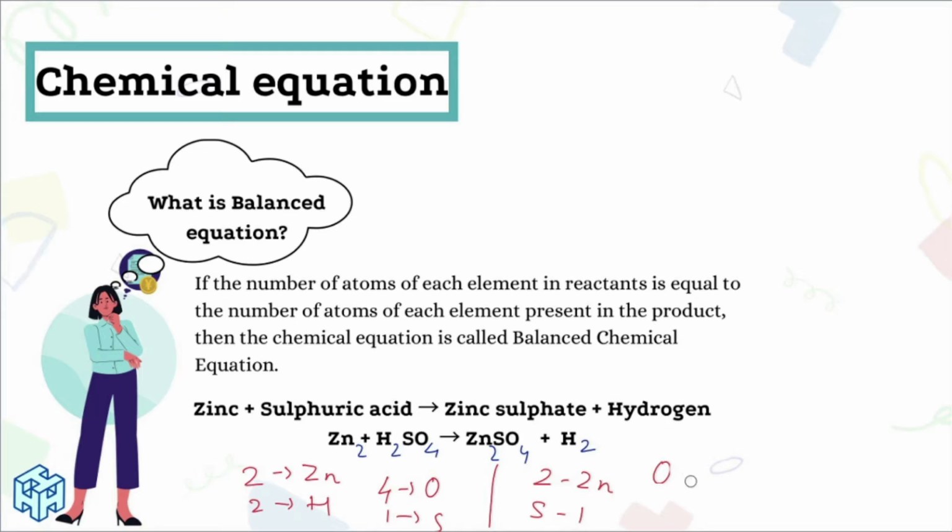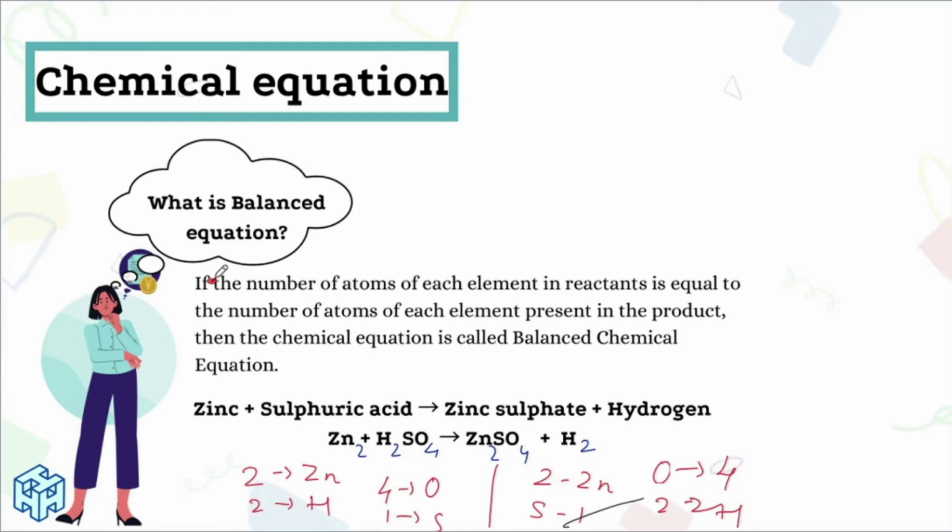Are you able to see it? 4 oxygens and 2 hydrogen. Let us compare. 2 zinc, 2 zinc, 2 hydrogen, 2 hydrogen, 4 oxygen, 4 oxygen. Once it's balanced, are you able to see?